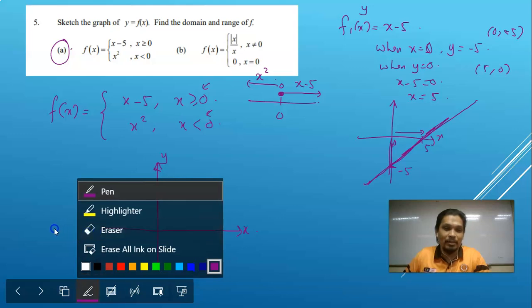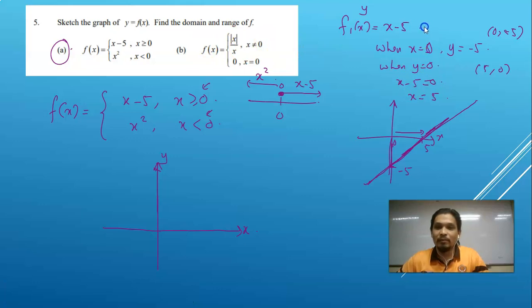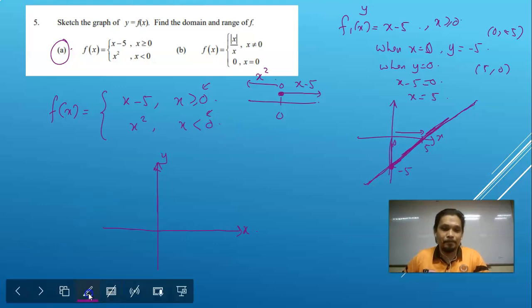Okay, first we get back to the question here for x greater than or equal to 0, which means from here. There you go.